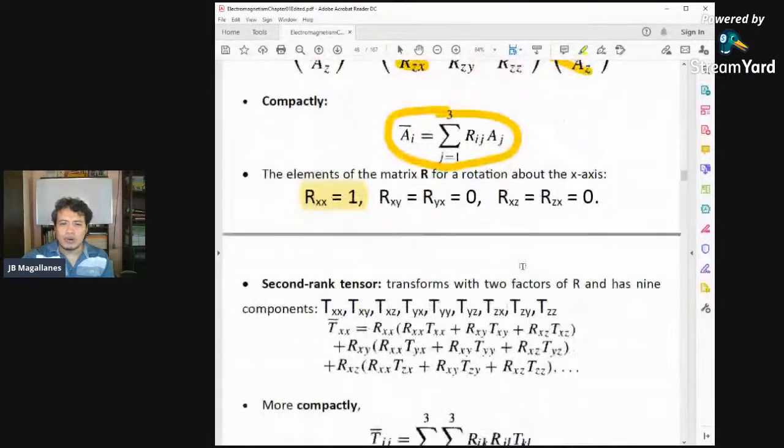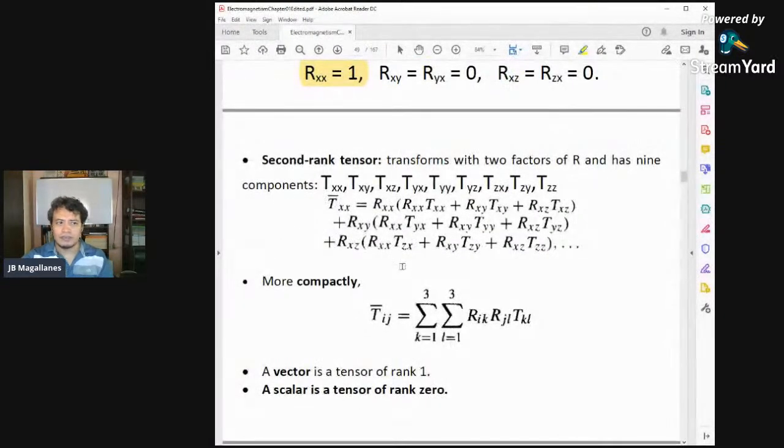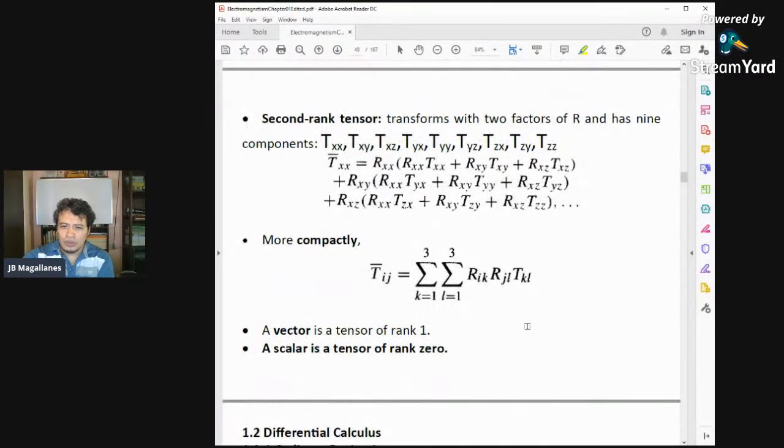We will do more of this in the curvilinear coordinate system. So for the second rank tensor, of course, this has an equivalent matrix, and the tensor TKL is a 3 by 3 matrix, and it has 9 components.